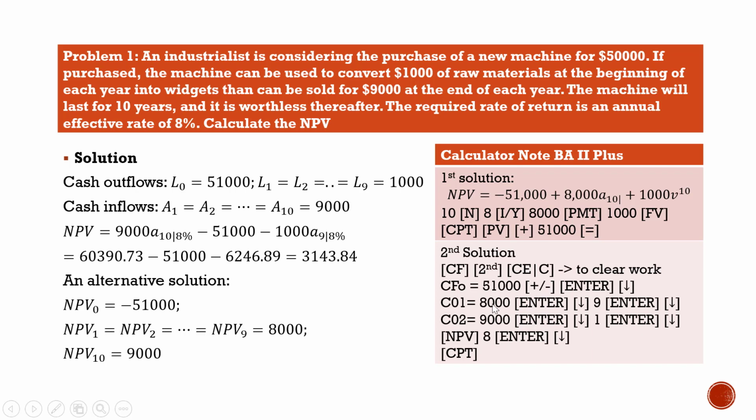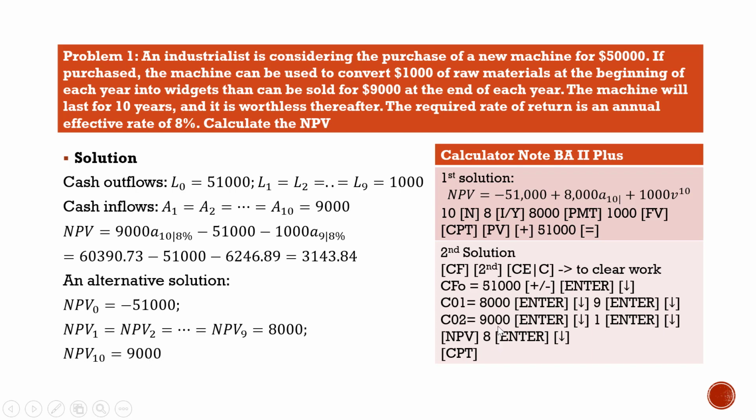Here they're going to ask you for the frequency. Frequency means how many times you have 8,000 as the net present value. So from NPV1 to NPV9, the net present values at time 1 to time 9 are all 8,000. So the frequency is 9. So I'm going to enter 9, then hit enter and scroll down. So the next net present value is 9,000, right here.